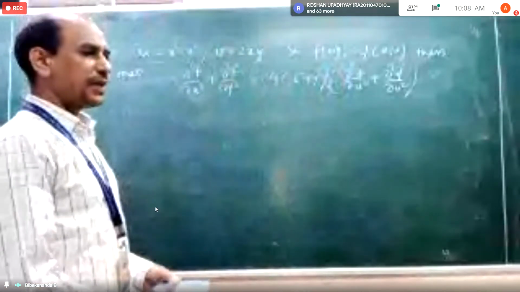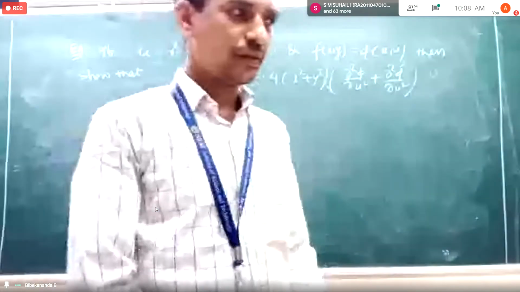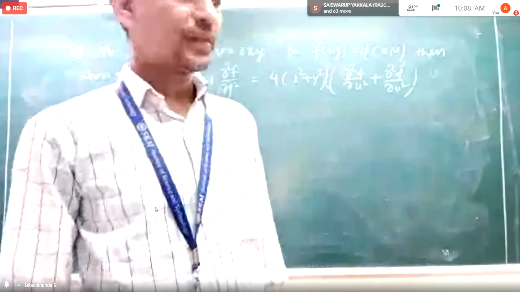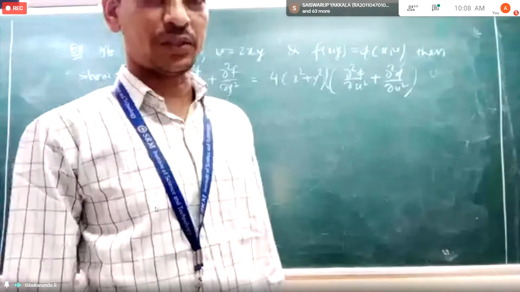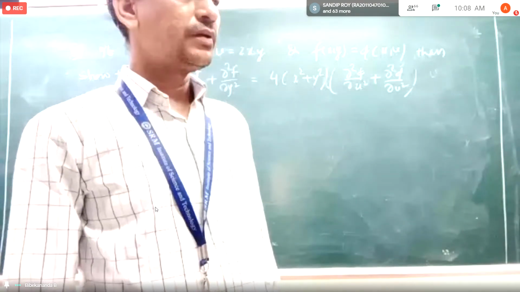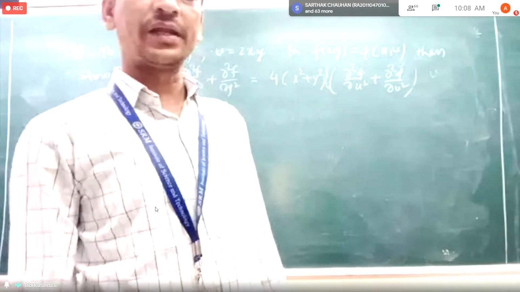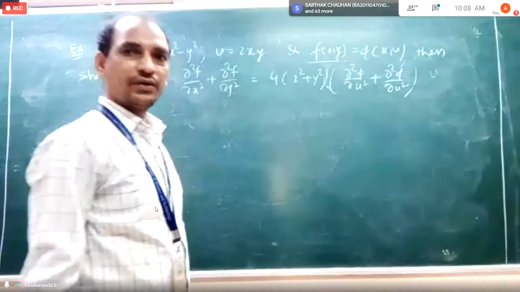So what is the meaning of dou square f by dou x square? Now tell me. Sir, double differentiation. Partial derivative. Double partial derivative of the function f of xy. Okay.